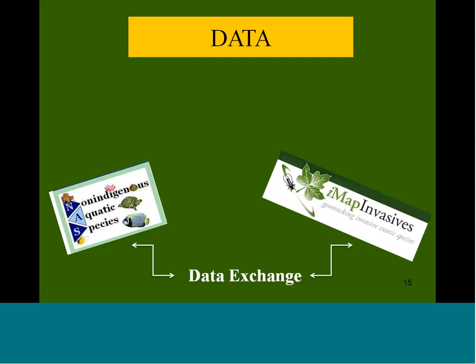One thing I wanted to be sure to mention was that those of you who are familiar with the NAS website, the Non-Indigenous Aquatic Species, they've been up and running for 12 years. Pam Fuller is the lead, and it's run by USGS. And they have a good system in place where people report aquatics.